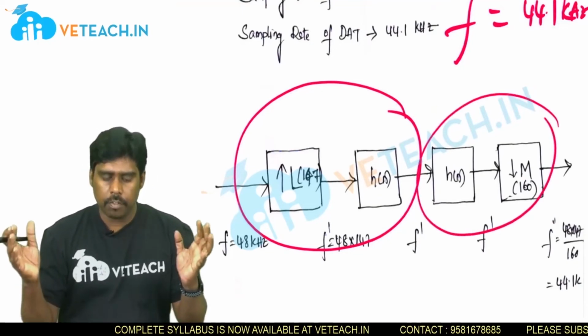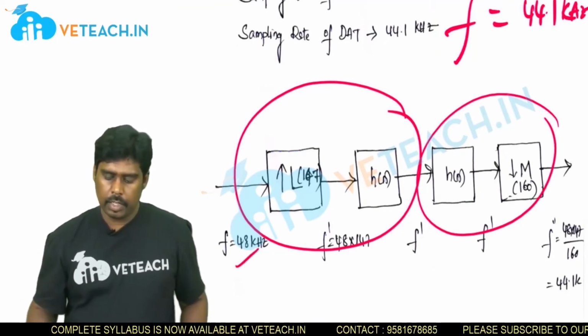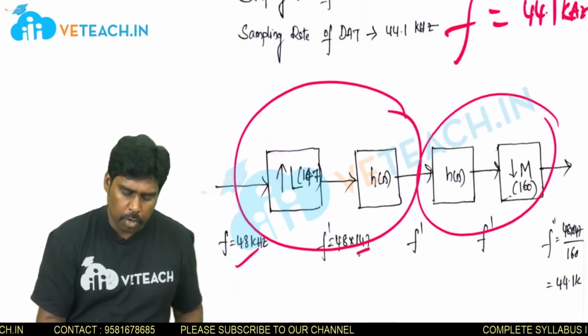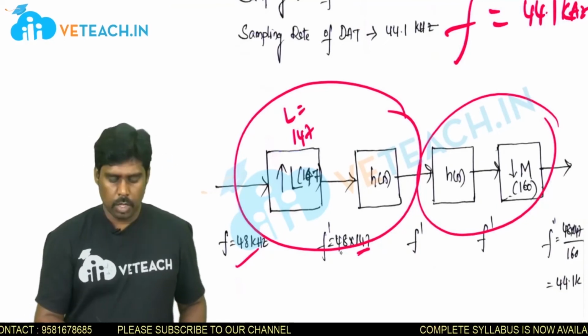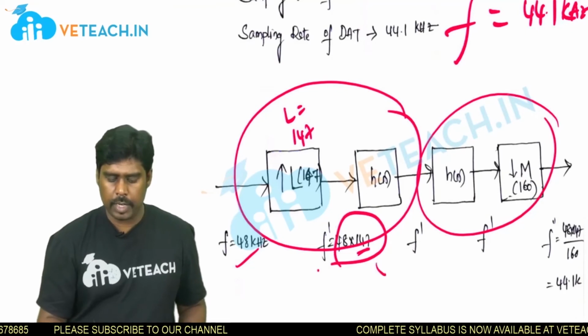Since it is a fraction, we need to combine those two. See here, the input frequency is 48 kHz and the upsampling value is 147. Please remember this, the L value is 147. So 48 into 147, you will get some value.